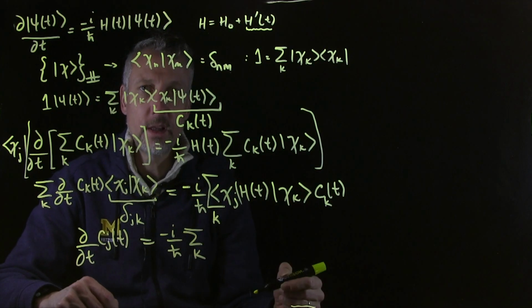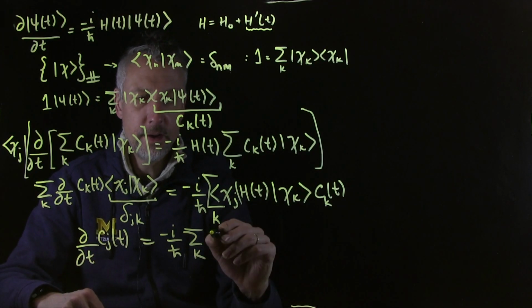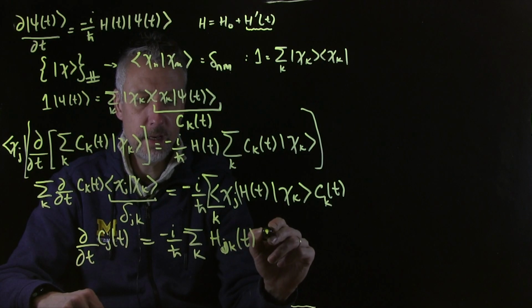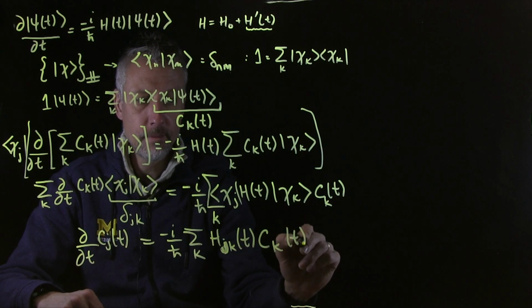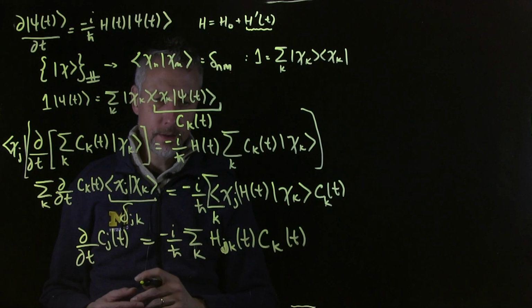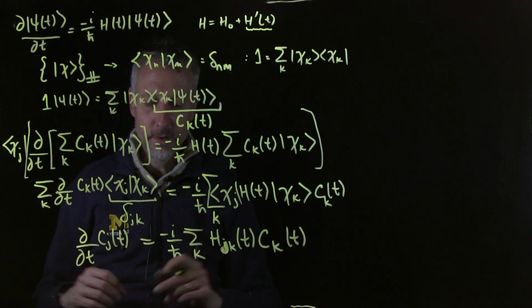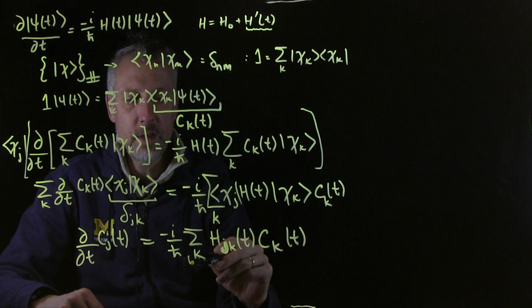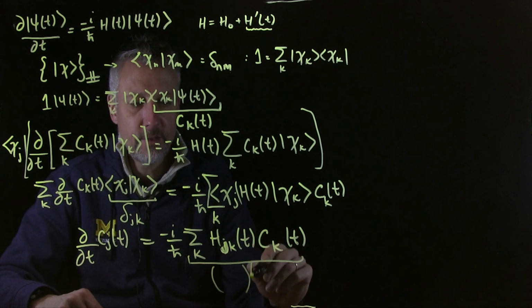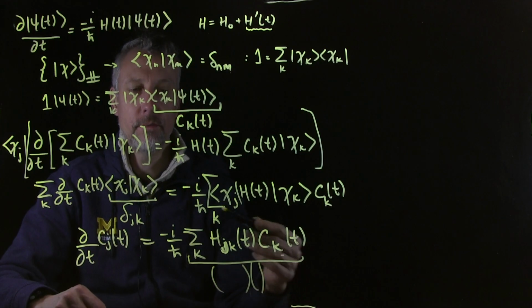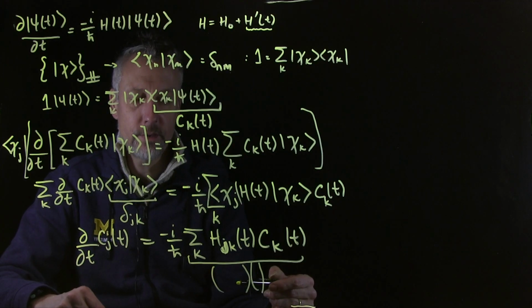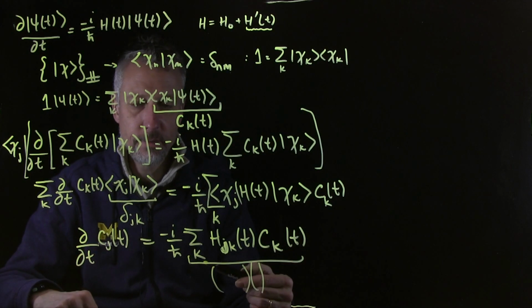This is a matrix element, just like we had before, the H_jk element of the Hamiltonian multiplied by c_k. If you remember from your linear algebra, this is nothing other than the formula for a matrix times a vector. So we automatically get this, but it's only the jth term. It's not the whole vector, it's the jth term.